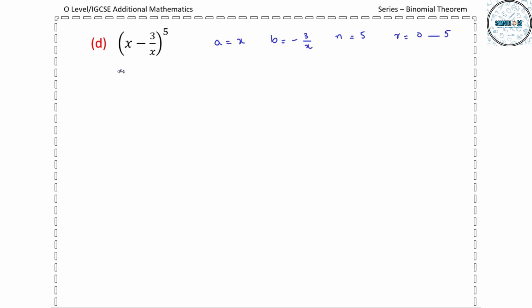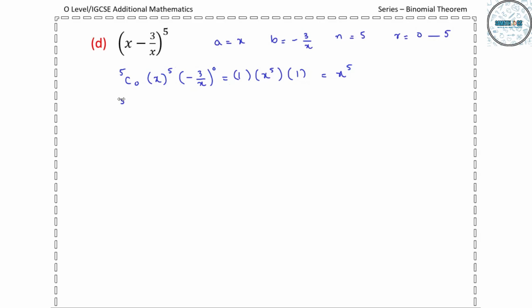First term, 5c0, x with power 5, negative 3 upon x with power 0, which is equal to 5c0 is 1, x power 5 is x power 5, negative 3 upon x with power 0 is 1. So finally we have x power 5.